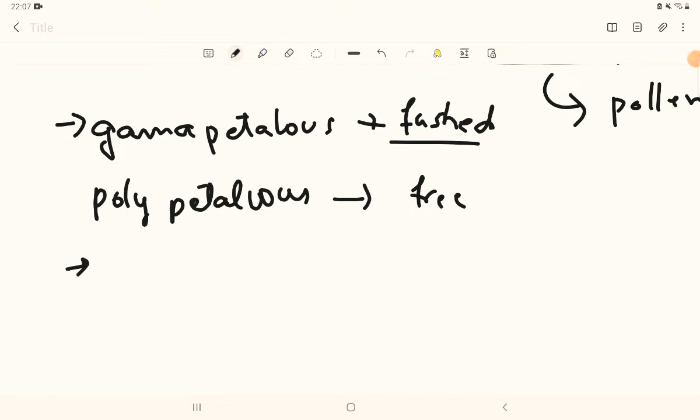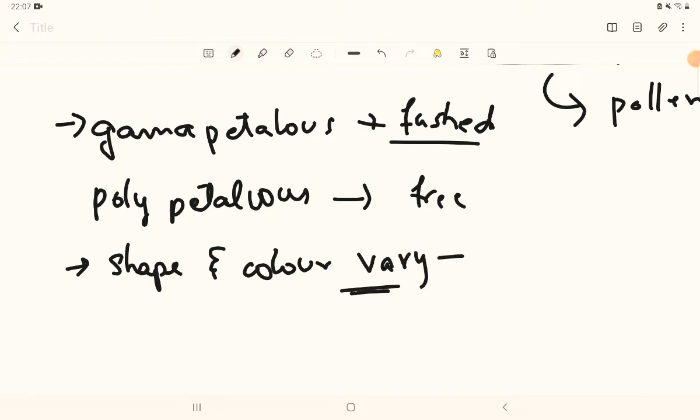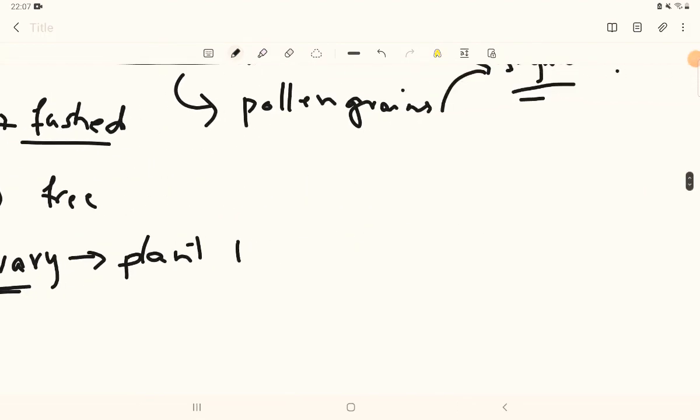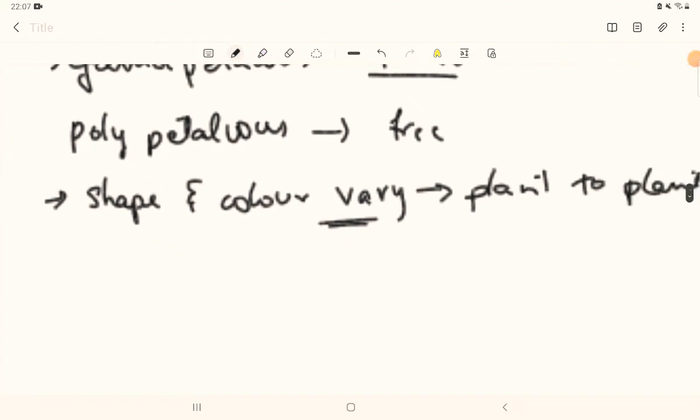Next, shape and color vary from plant to plant.